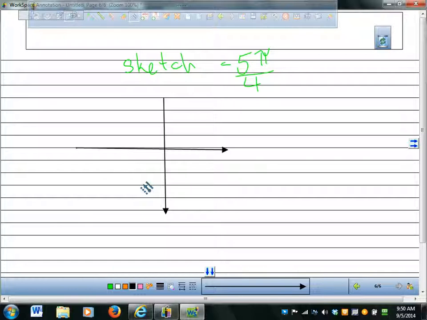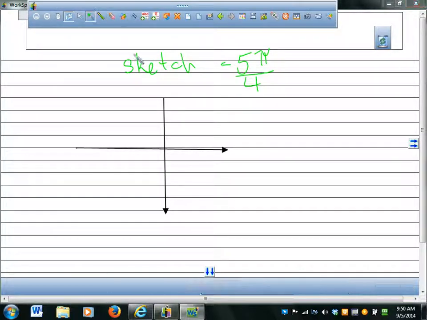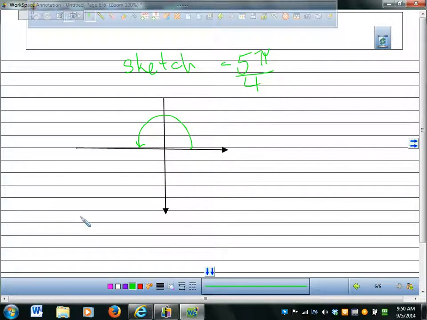Bigger than pi. So the way I like to think about it, this is pi. That would be 4 pi over 4, right? And then how many pi over 4 more do I need? 1 pi over 4, which is 45 degrees, if that helps you think about it.